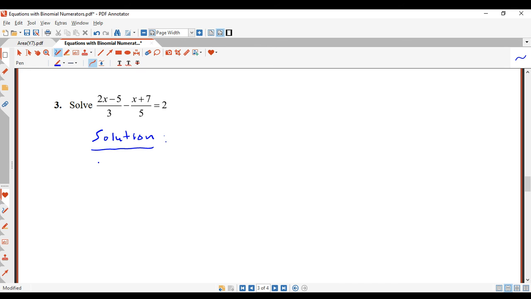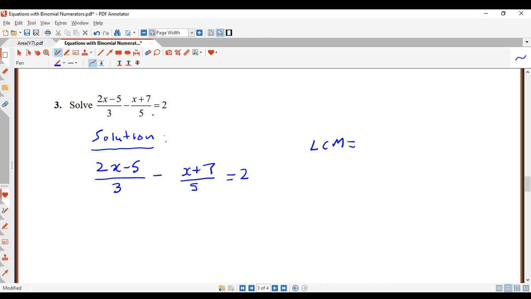Okay, so we're going to write the question down again so we can write on top of it. x plus 7 on 5 is equal to 2. First step, we're going to find the lowest common multiple of those denominators.